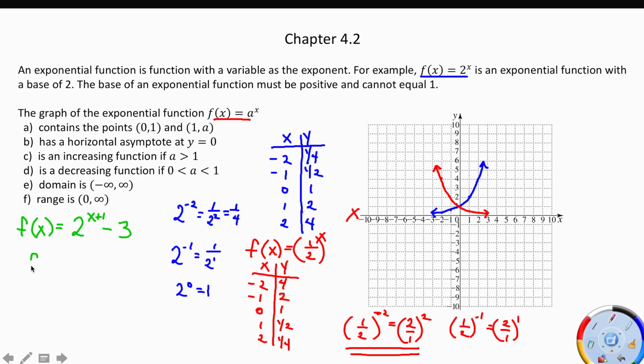Well, I want to be able to graph my basic function 2 to the x. So here's the points I want to be able to get very quickly. And then I'm going to use translations. Anything in with the x affects the x values, and it'll move in the opposite direction.